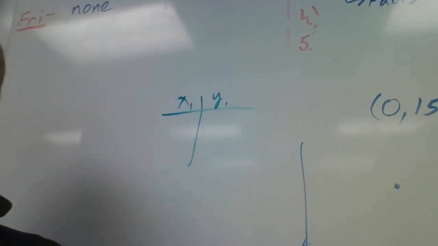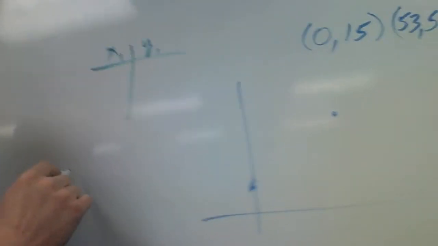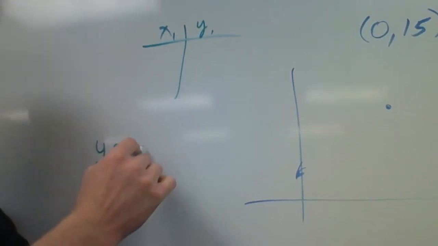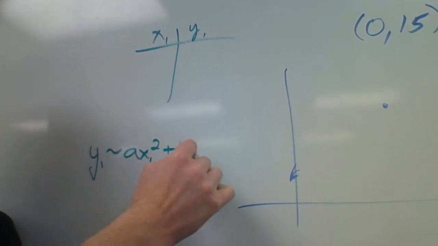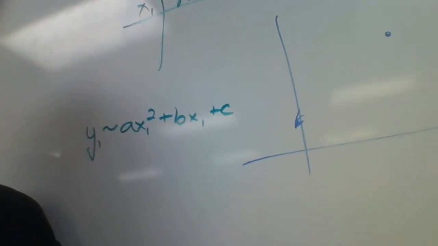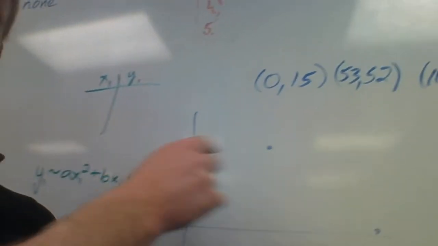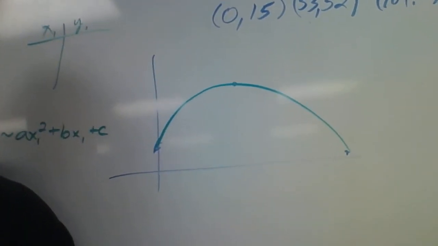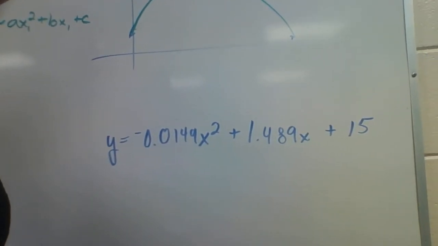You put those in, and Desmos gives you this graph. Then remember how you can type in y1 squiggle a x1 squared plus b x1 plus c, and it will give you the a, b, and c. It's like a regression equation, except this time we're doing it for a quadratic. So it will draw the parabola in there, and that's the formula that you get from Desmos.